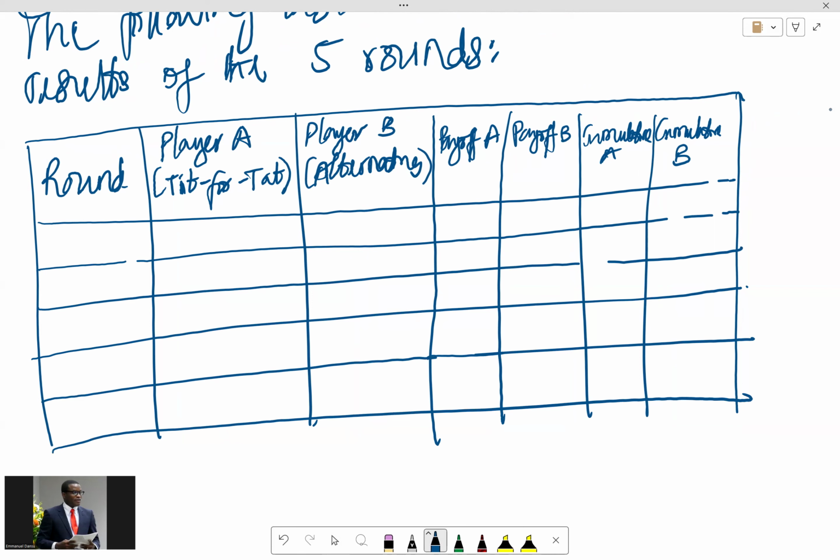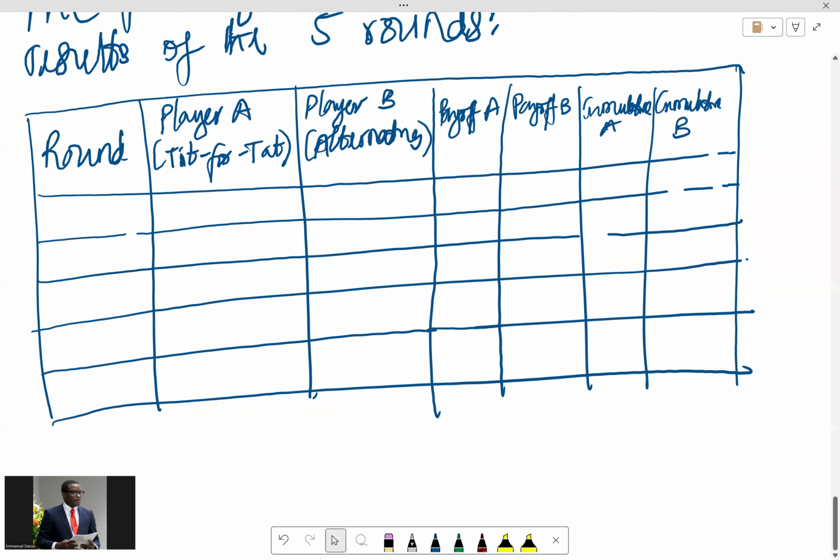That's how we want to simulate this whole thing.